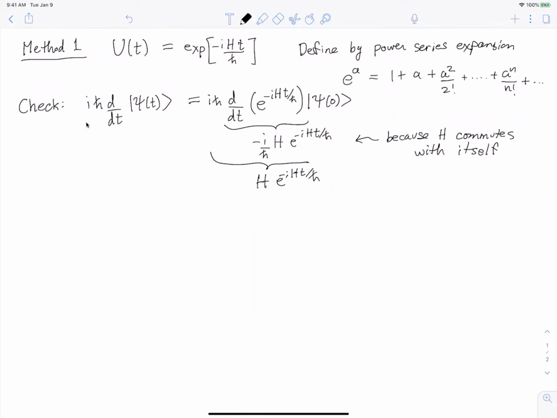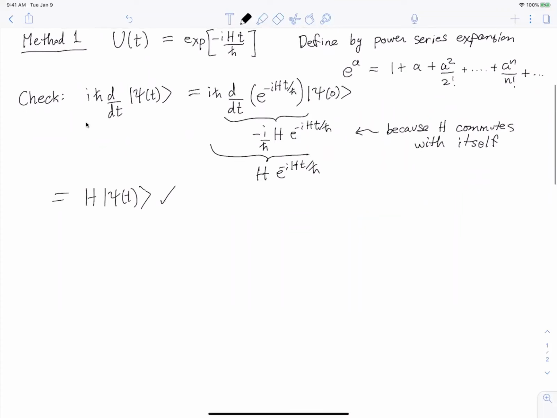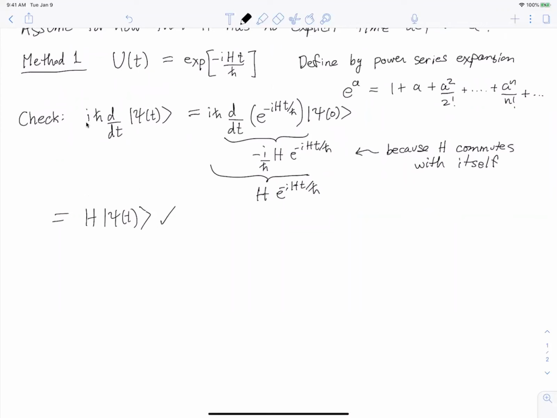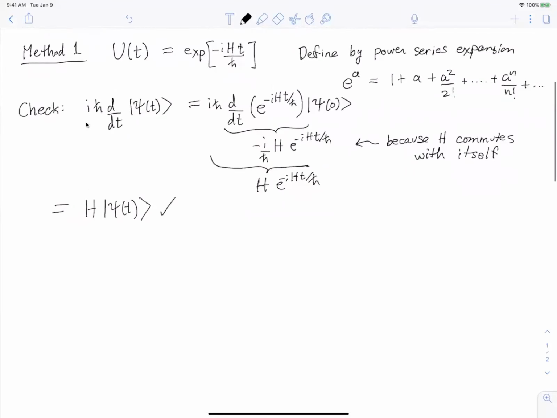And so the whole thing just becomes H times psi of t again, which is what we were supposed to get. Okay, so that shows that this is the correct unitary operator. So notes on this. First of all, let's actually prove that it is unitary. So U of t is unitary.